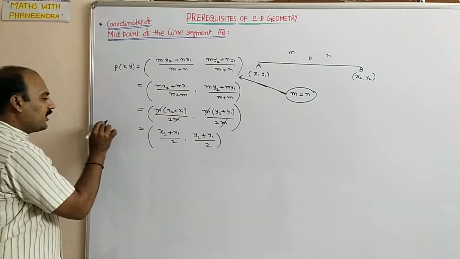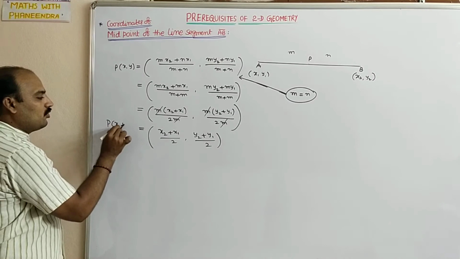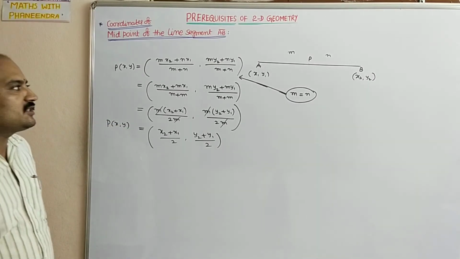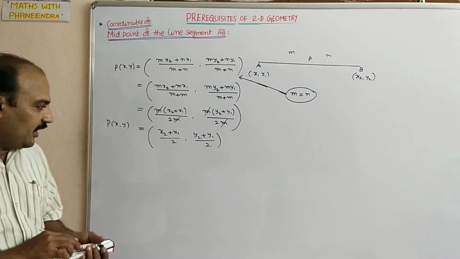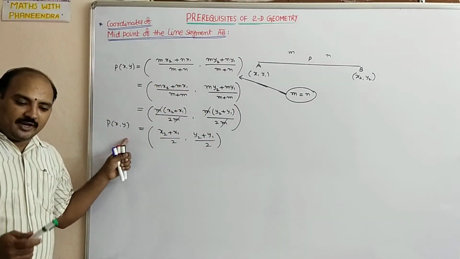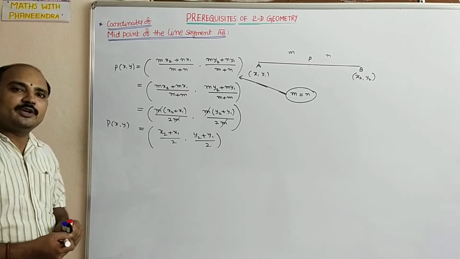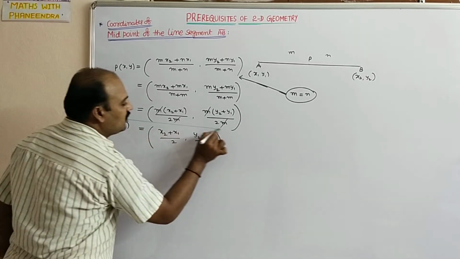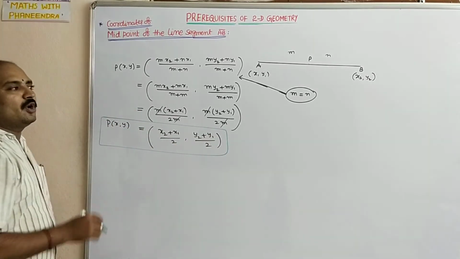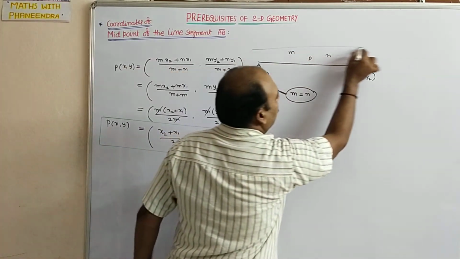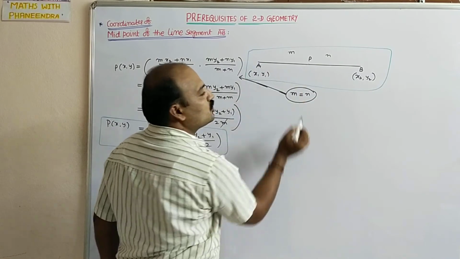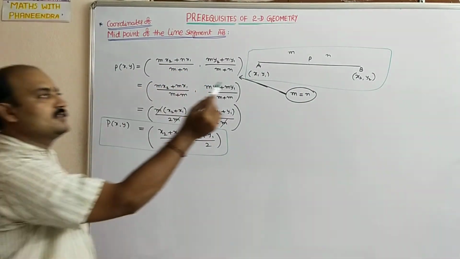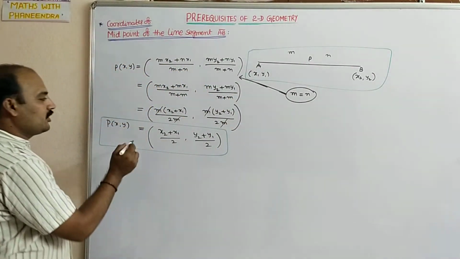These are the coordinates of the midpoint. Therefore, the midpoint of the line segment A of x1 y1 and B of x2 y2 is P of x comma y, x2 plus x1 by 2 comma y2 plus y1 by 2. This is about the midpoint of the line segment.